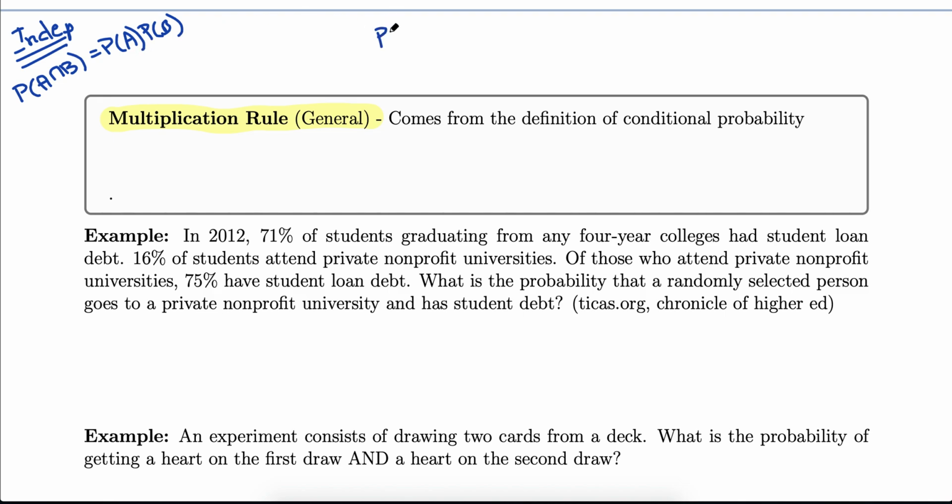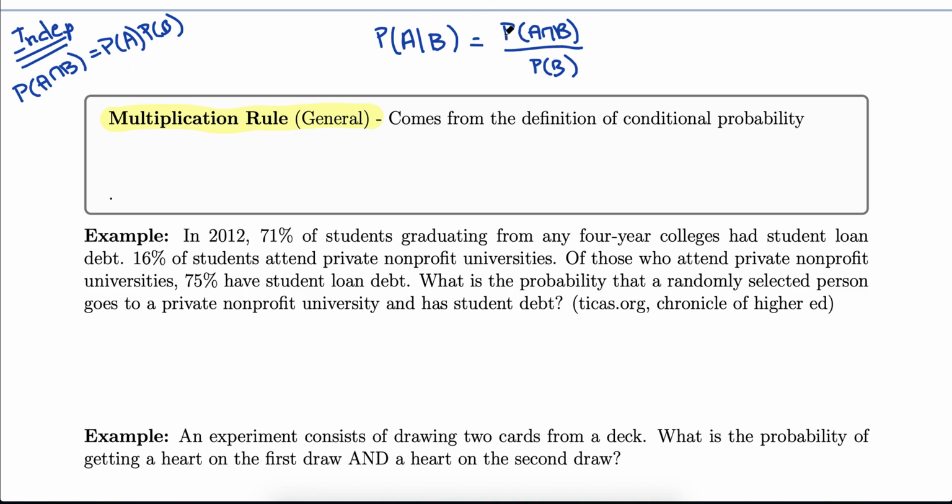So we can think about this a couple of ways. First, remember the conditional probability rule we had a moment ago. Probability of A given B is the probability of both divided by the given information. Now, our goal here, we're writing a rule that represents the probability of both, or the and.